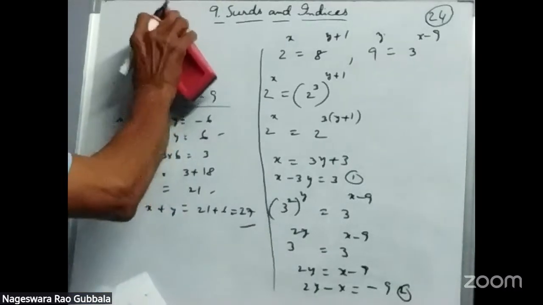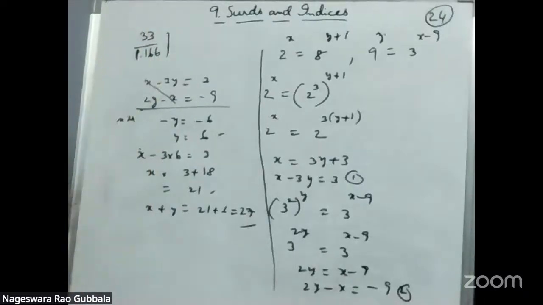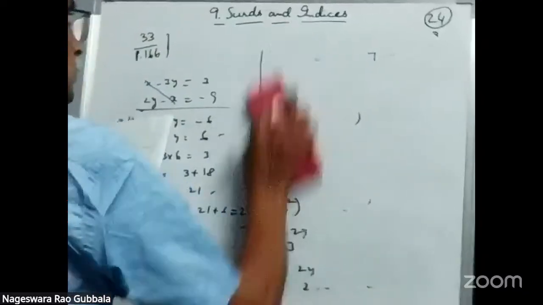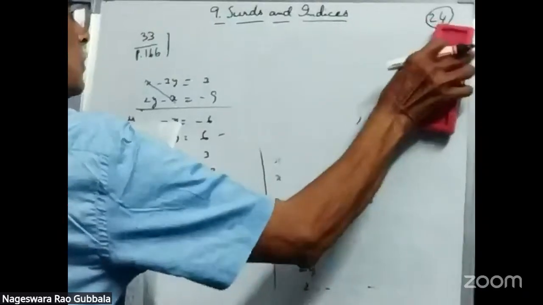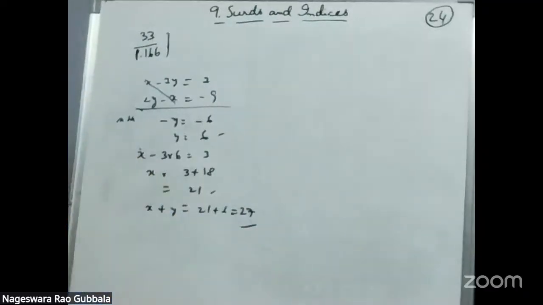Next question, 33. Let R be the result of doubling both the base and the exponent of a to the power of b, b not equal to 0.